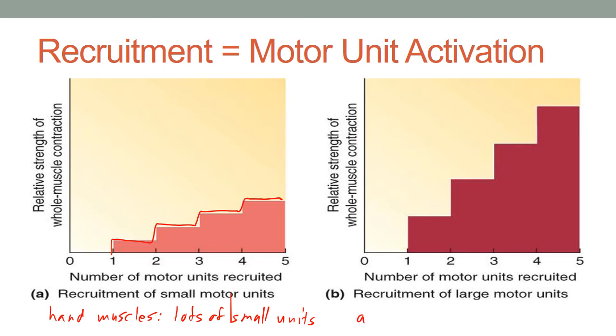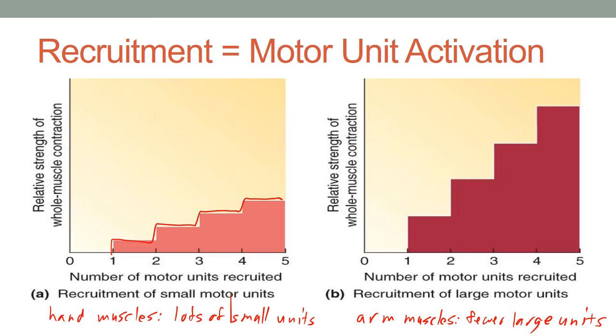On the other hand, if we look at your arm muscles, we have fewer units, but they're very large units. And that's because you don't really need fine control over exactly how hard you move your arm.